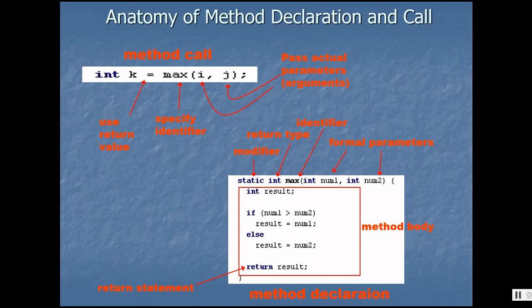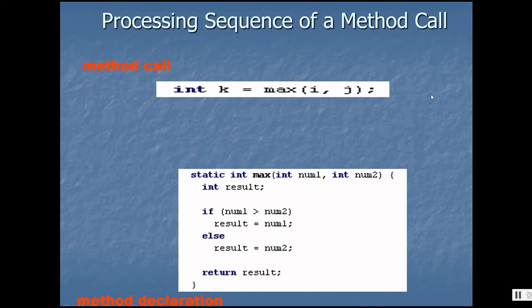So that gives you an idea of the anatomy of the declaration and call of a method. And so next we're going to talk about the sequence of events that take place when a method is called. So once again, we have our method call and our method declaration. And let's see what's going to take place.